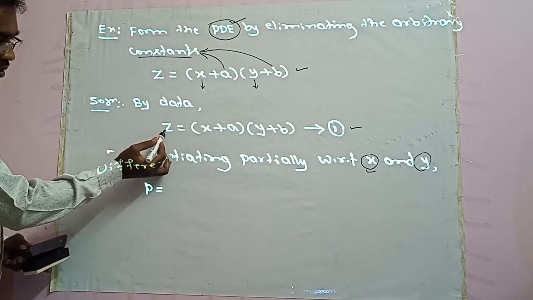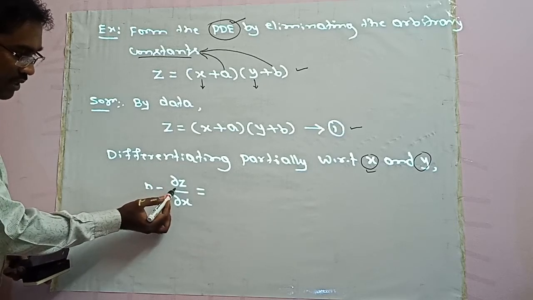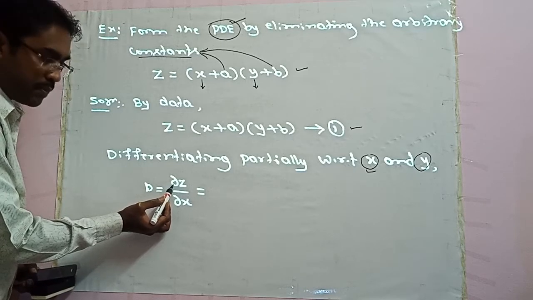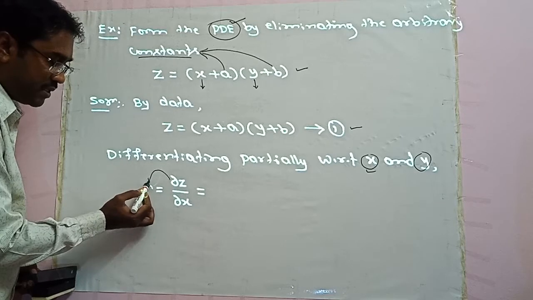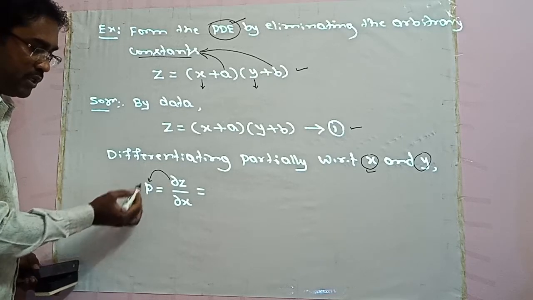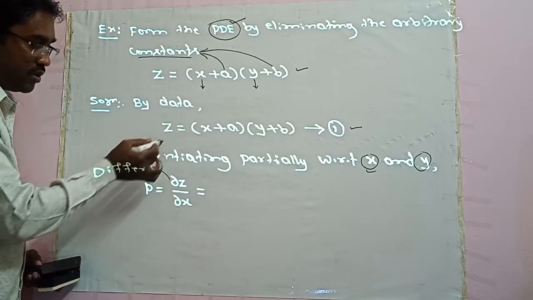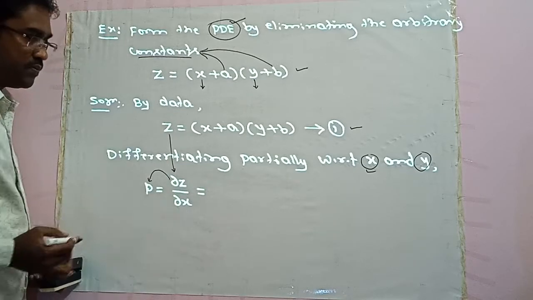We denote partial differentiation of z with respect to x as p. This is a simple notation for our dou z by dou x. This has to be remembered. We can write dou z by dou x as p. So we have differentiated z with respect to x.